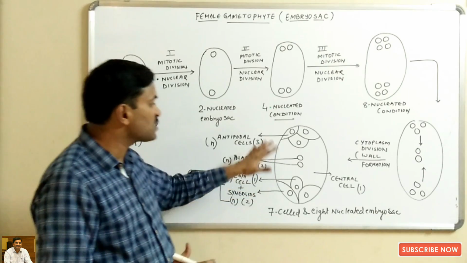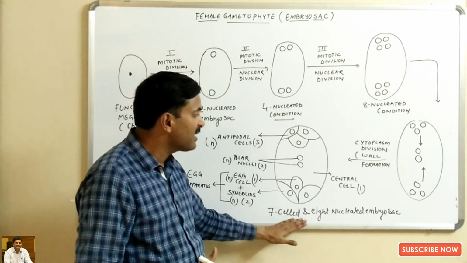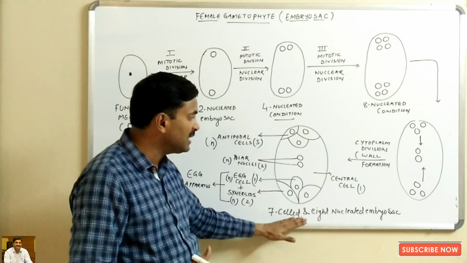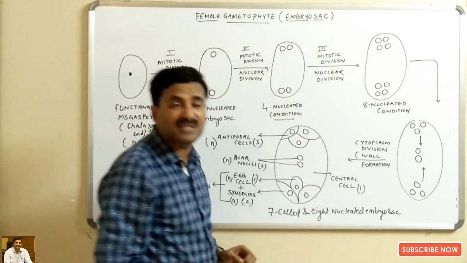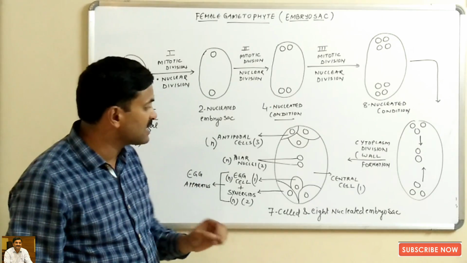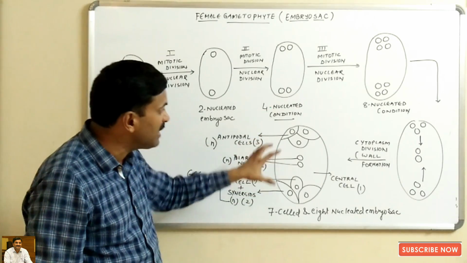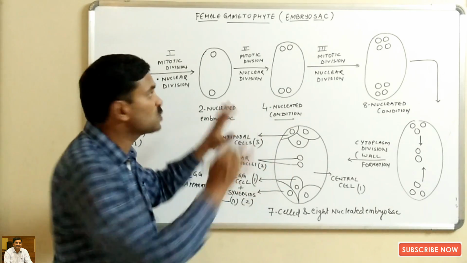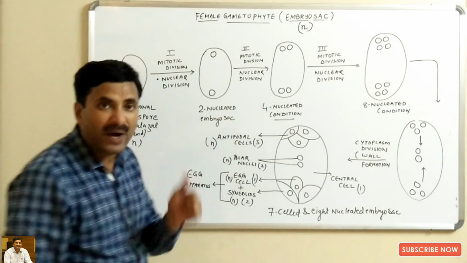So students, this was all about the 7-celled and 8 nucleated embryo sac development. And you must remember that sometimes this question is asked in medical entrance exams: what is the ploidy level of the entire embryo sac? So the ploidy level of the embryo sac is N. Why N?